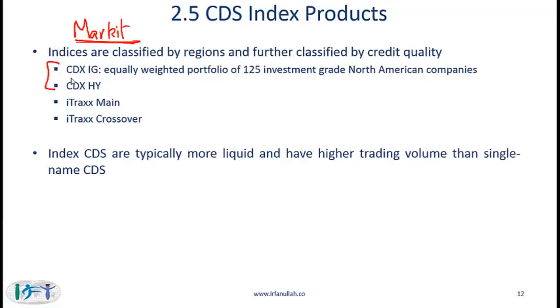Indices in North America are referred to as CDX indices, and indices in Europe, Asia, and Australia are referred to as iTraxx. In North America, indices which are based on investment grade bonds or investment grade credit are referred to as CDX IG, and indices based on high yield bonds or junk bonds are called CDX HY. Main refers to investment grade and crossover refers to high yield.